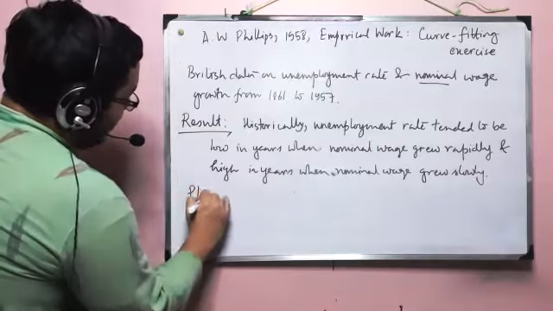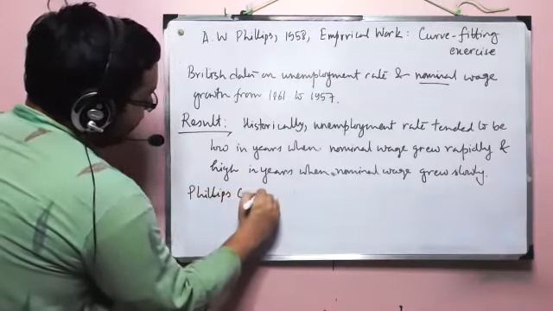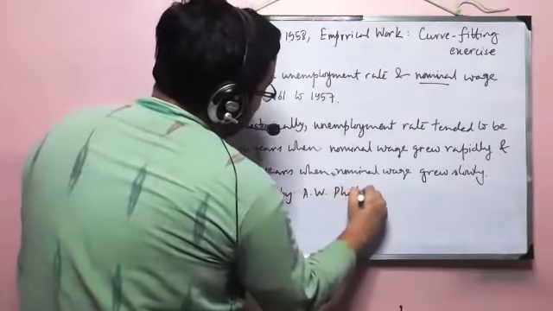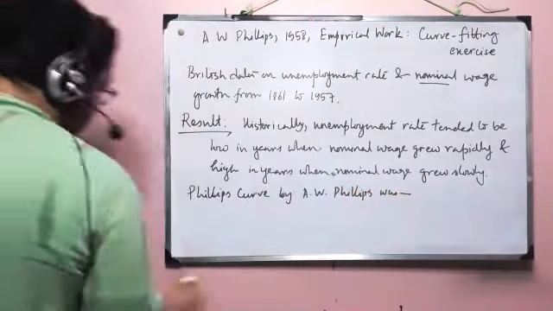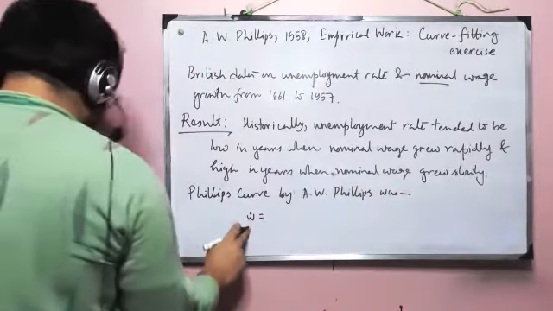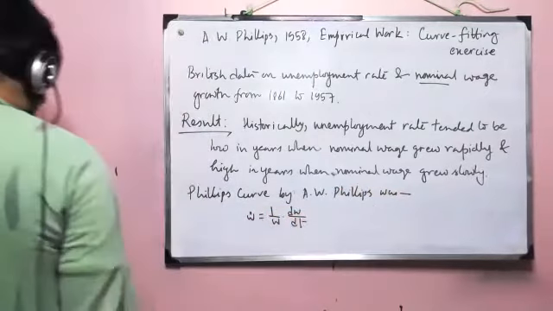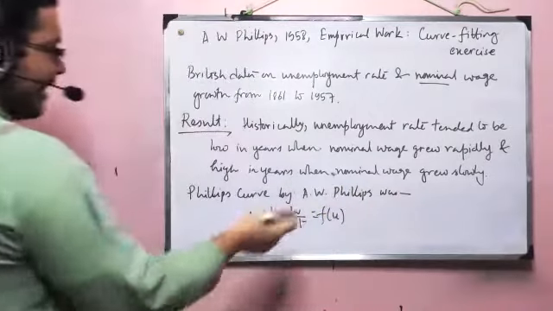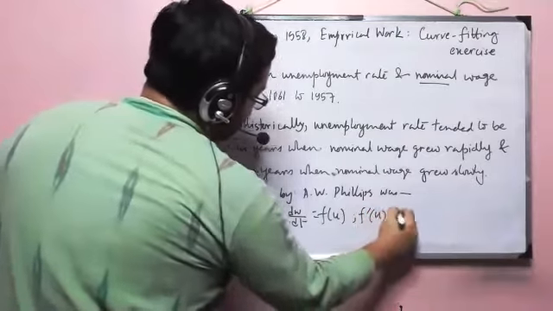So the Phillips curve by A.W. Phillips was this: W dot, remember this is nominal wage, not real wage, which is 1 by W dW dt, equal to f of u, which is the unemployment rate, where f dash u was negative.